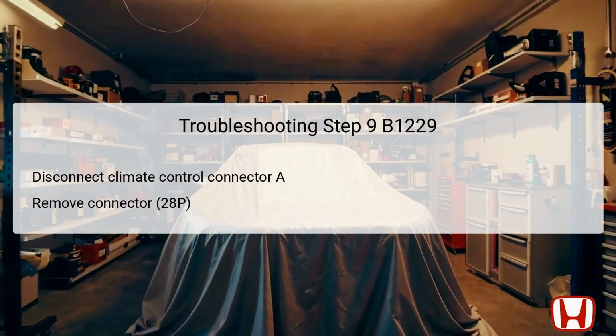In the 9th troubleshooting step, technicians must disconnect the climate control unit connector A, which has 28 pins. This connector is responsible for facilitating additional circuit connections pertinent to the operation of the vehicle's climate control system. By removing this connector, it allows technicians to perform further tests to ensure the integrity and functionality of all related circuits.